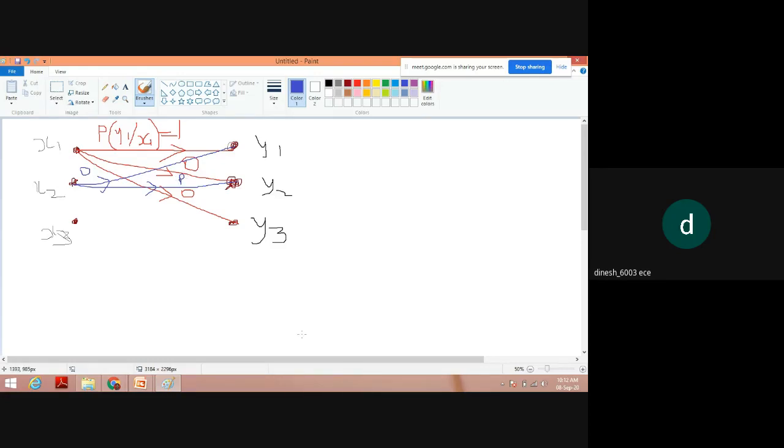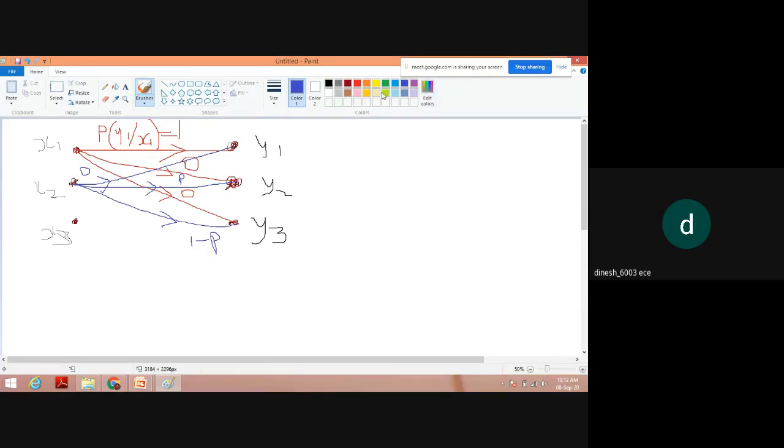And y3 over x2, from x2 to y3, it is 1 minus p. So x2 input with all the y1, y2, y3 outputs is drawn in blue color. Red color is for x1, blue color is for x2.